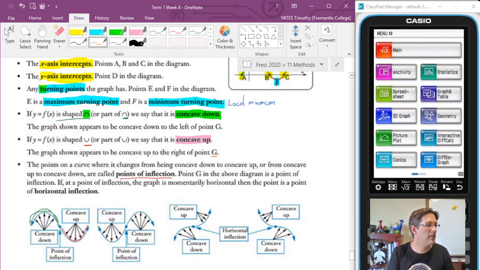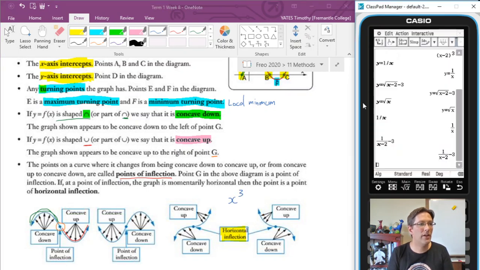Now, if it just so happens that our inflection is perfectly horizontal, it is called a horizontal inflection. And that happens typically with our standard cubic, x to the power of 3.